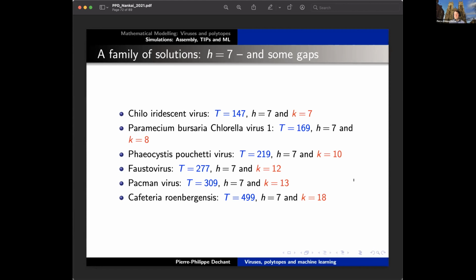Because if you imagine they all have the same building block and they have the same little hook made by the H equals 7, all they need to do is be able to control that they can switch between having different Ks reasonably easily, and then they can all be evolutionarily related, even though they have vastly different numbers and sizes.